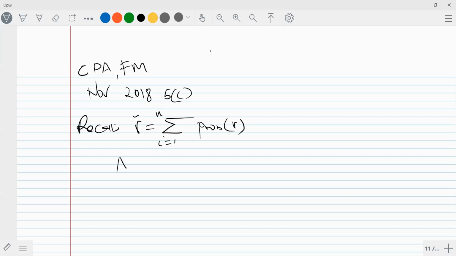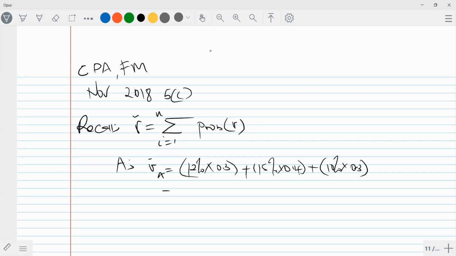For A, you can get 12% return, however the chance of getting 12% is 0.3. You can also get 15%, and the chance of getting 15% is 0.4. And you can also get 10%, but the chance of getting 10% is 0.3. That will give us the expected return from security A.